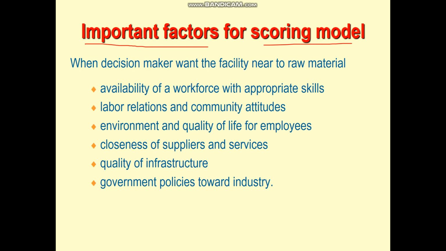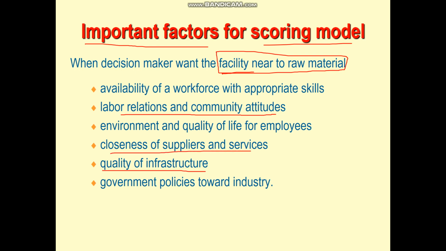When the decision maker wants the facility near to the raw material, like their main purpose is a location near to the raw material, they have to consider the availability of a workforce with skills, labor relations and attitudes, also the quality of infrastructure and the closeness of suppliers and services, also the environment and quality of life for employees.